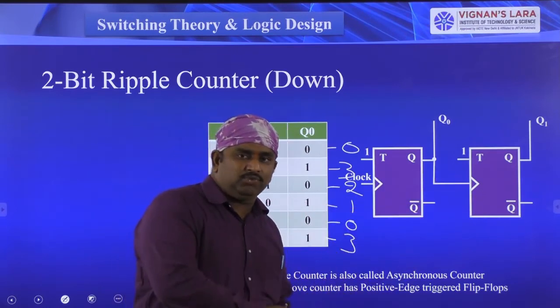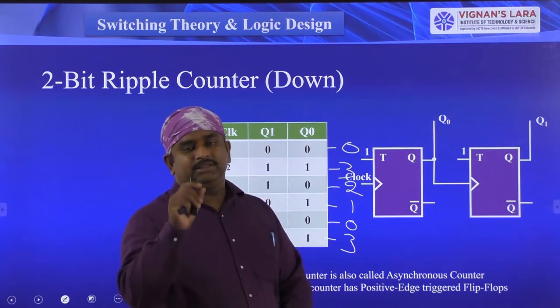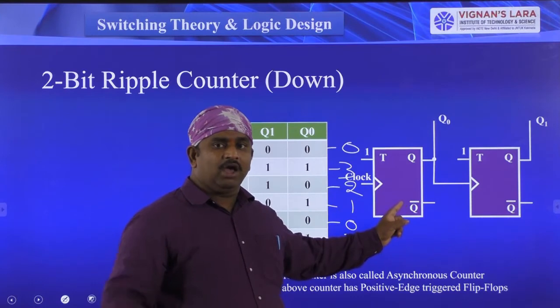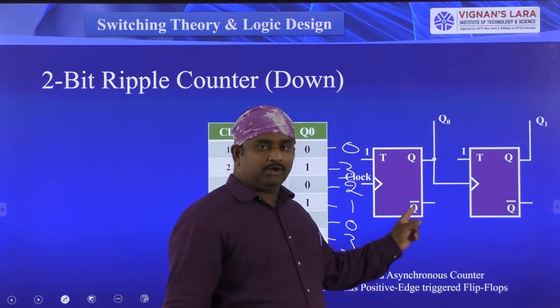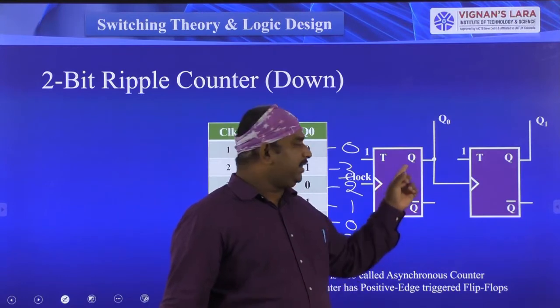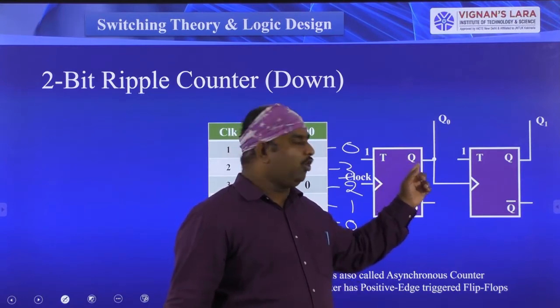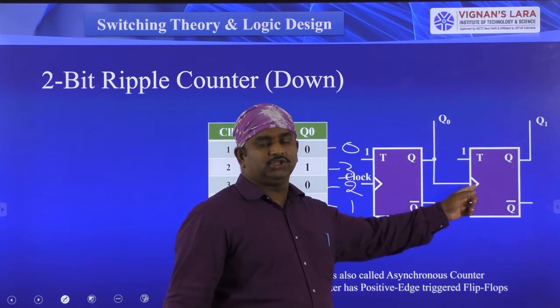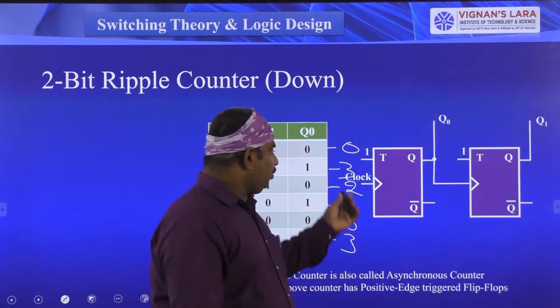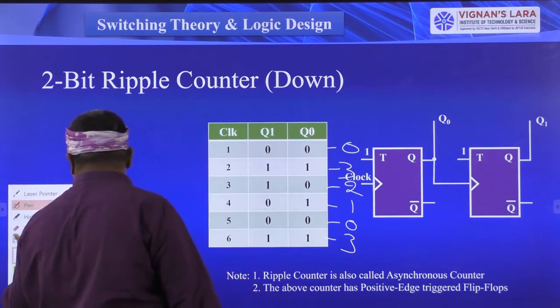So the change from the previous circuit to the present one is only one connection. In the previous asynchronous up counter, the complemented output was connected to the second flip-flop clock signal. But in this, I have taken the original output to give the connection to the second flip-flop clock signal. Right? So now you have to check by giving the clock signals.